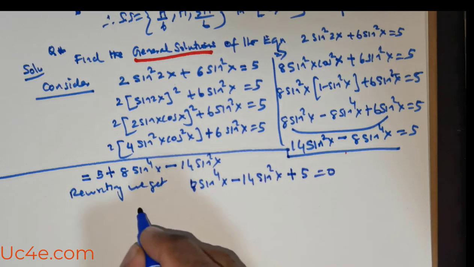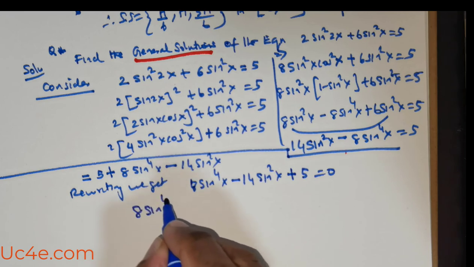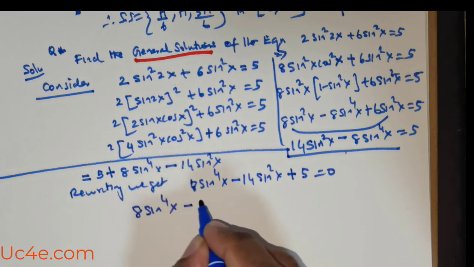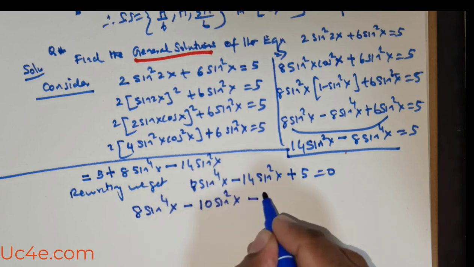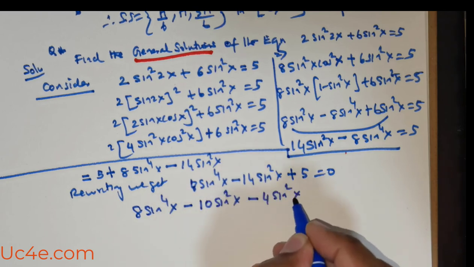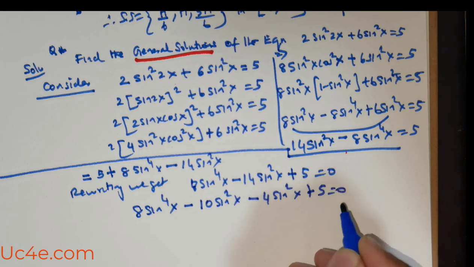Now I can factorize this as follows: 8 times sine to the power of 4 x minus 10 sine squared x minus 4 times sine squared x plus 5 is equal to 0.